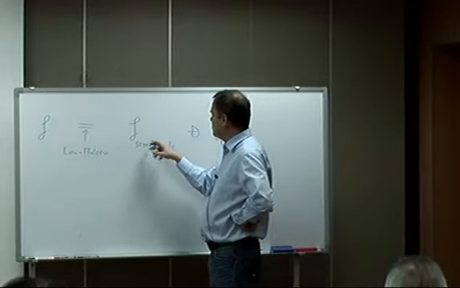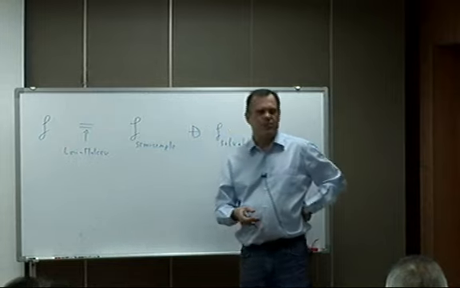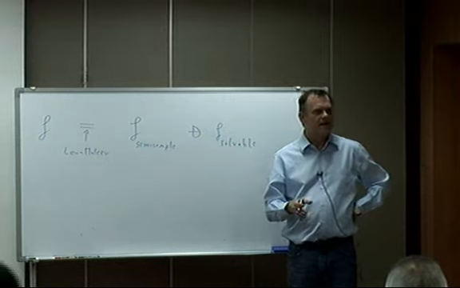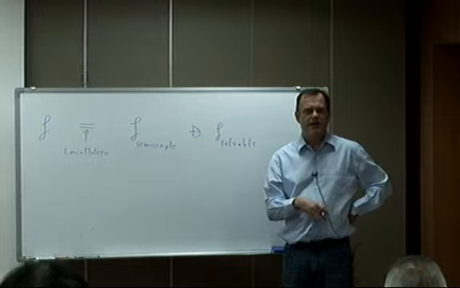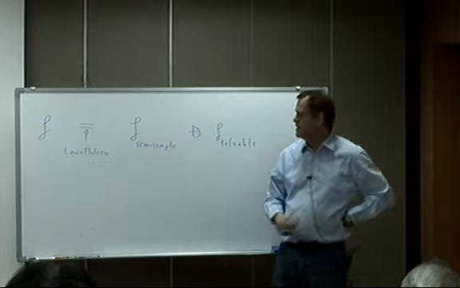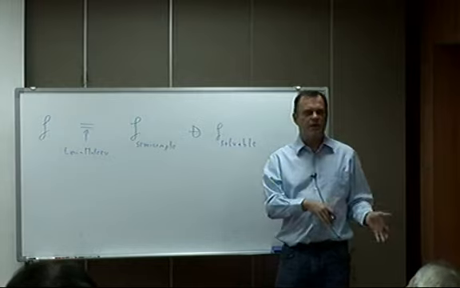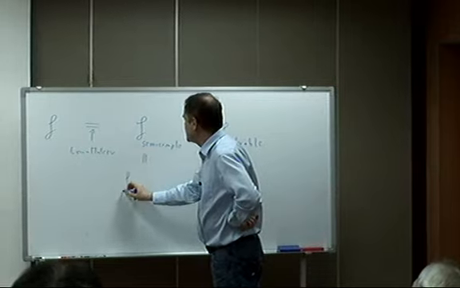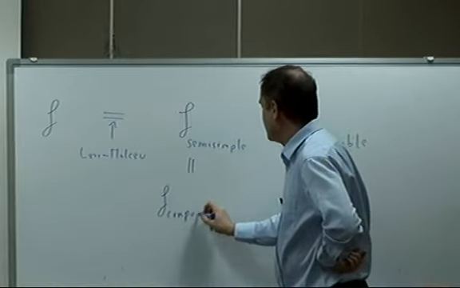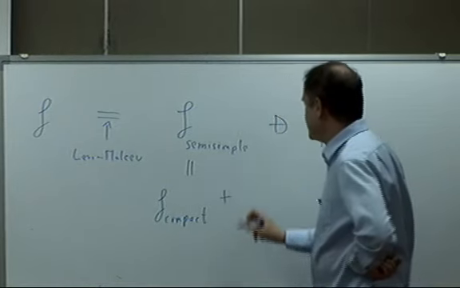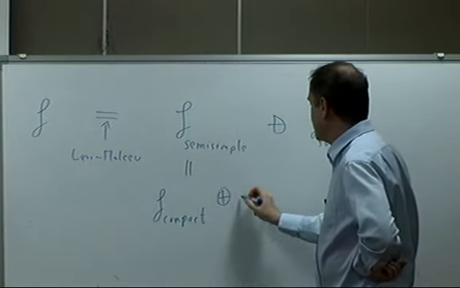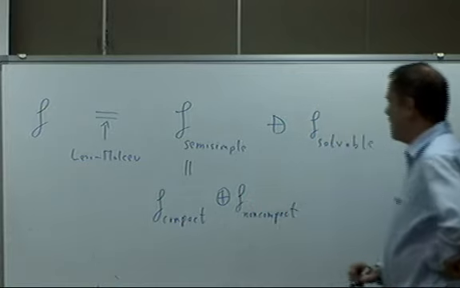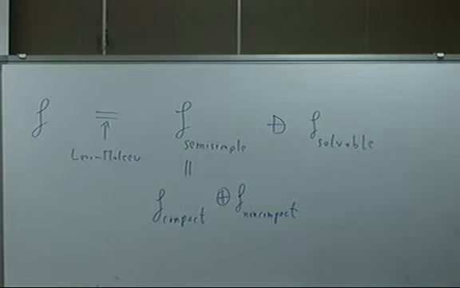Then this semi-simple part, now semi-simple Lie algebras are just direct sums of simple algebras. Yeah? So every simple Lie algebra is either compact or non-compact. So we collect all the compact ones, we collect all the non-compact ones. So what we here get, this we can decompose into a compact one plus, and this is in fact now really a direct sum, plus some non-compact one. Okay, this is a decomposition of the semi-simple one.